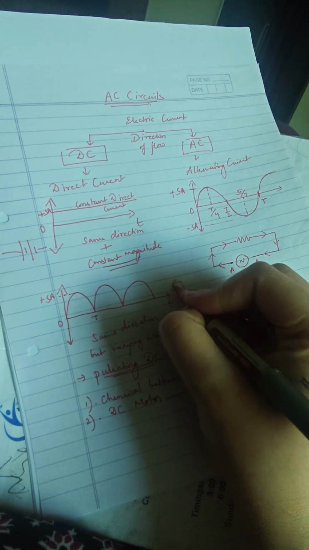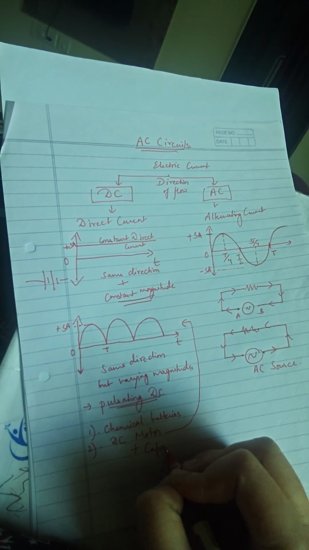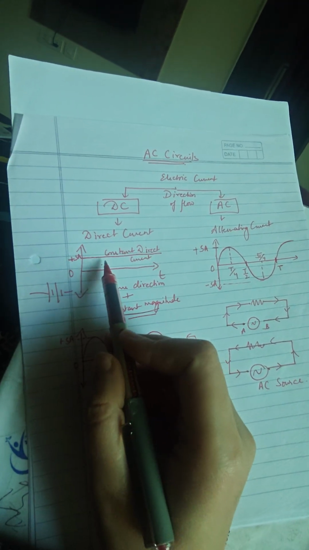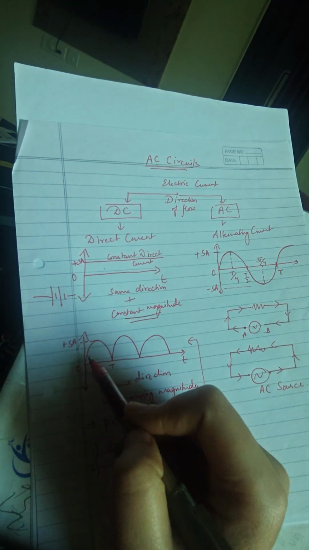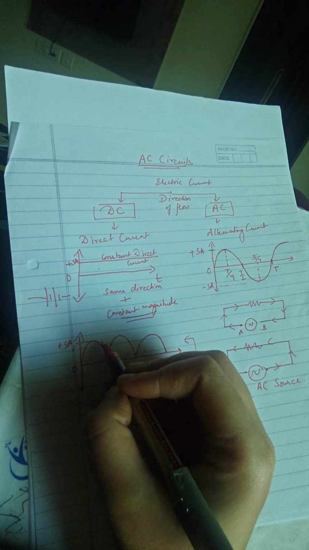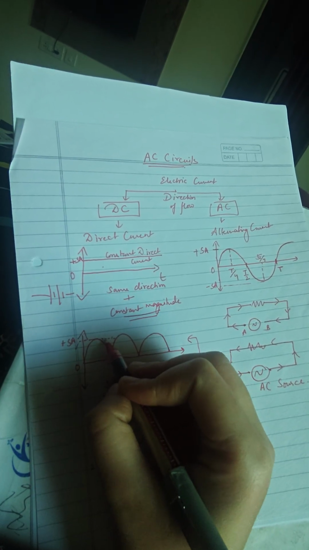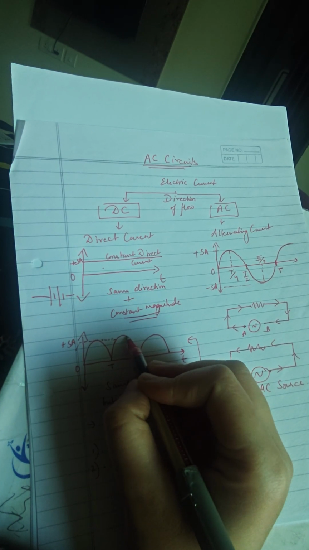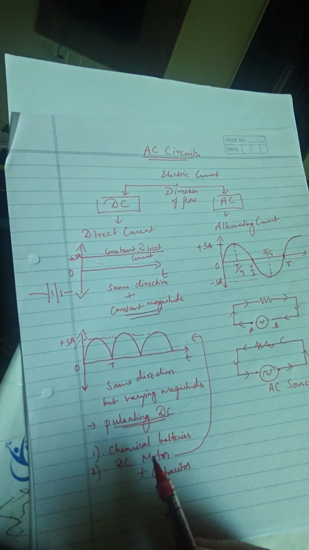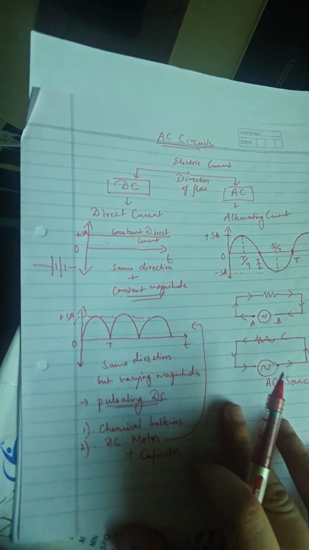And if you add a capacitor to the circuit with the DC motor, then that would give you this type of current, constant value. Why? Because when the values of the current start reducing, the capacitor starts discharging, and it tries to smooth this pulsating shape, it tries to charge it in a way that this value seems to be a constant, like this. So this direct current is produced by a DC motor plus capacitor arrangement, and then I said chemical batteries.